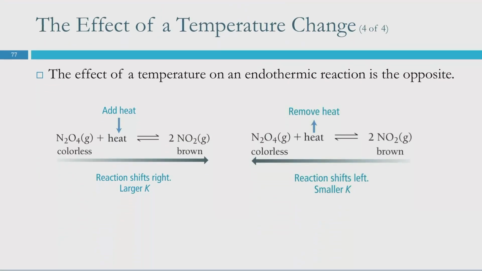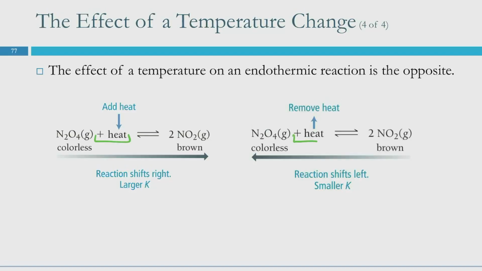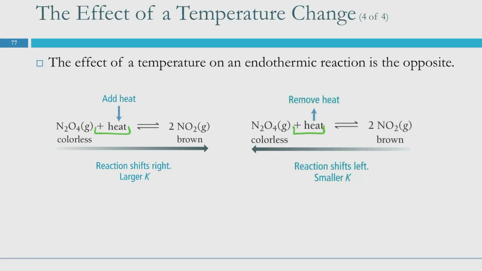On an endothermic reaction, it's the opposite. So you would write in the plus heat part on the reactant side. If we add heat, we're shifting away from the heat that we added.